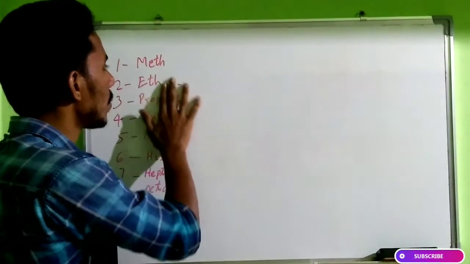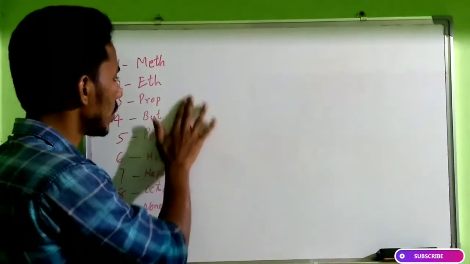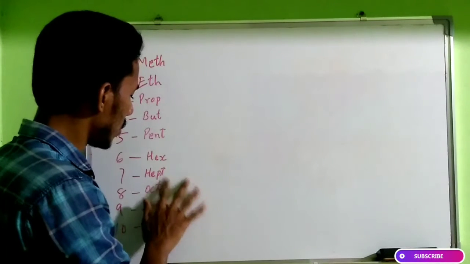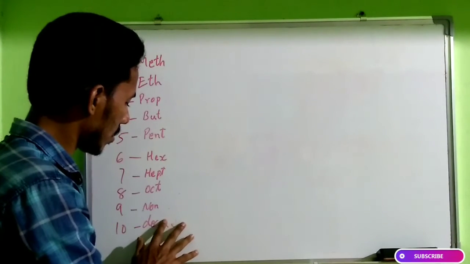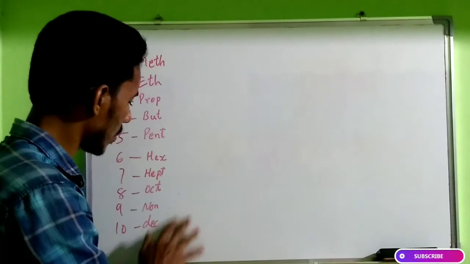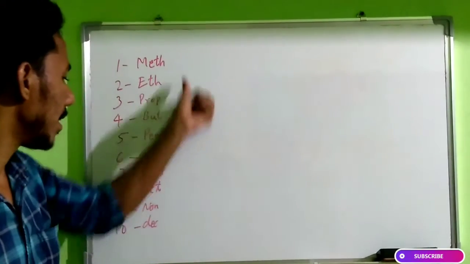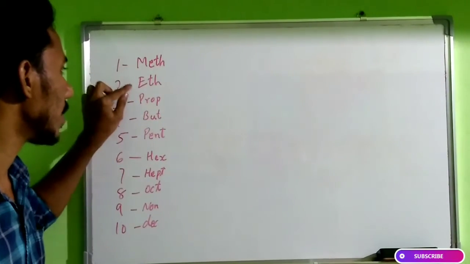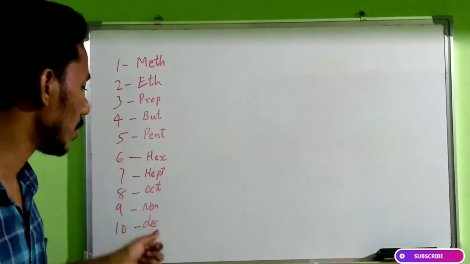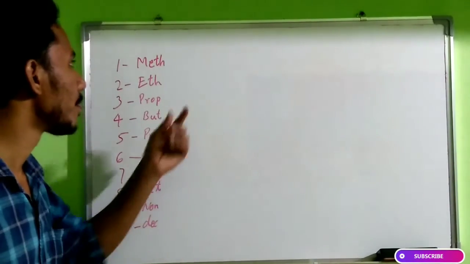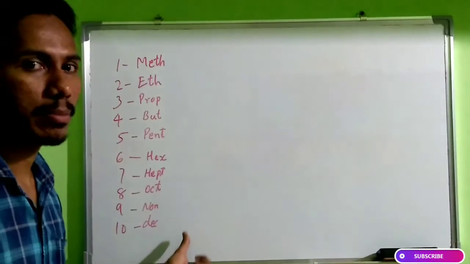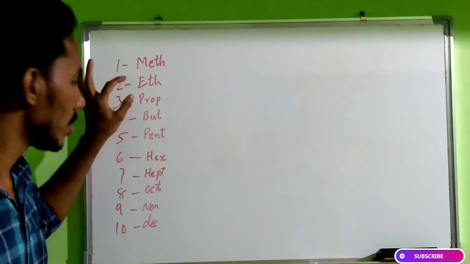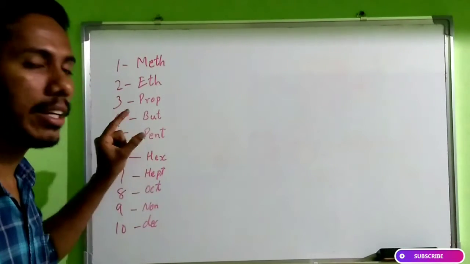First you have to learn these names in this order. So 1 meth, 2 eth, meth, eth, prop, but, pent, hex. You have to study in this way. Meth, eth, prop, but, pent, hex. So you have to study these names in this order.